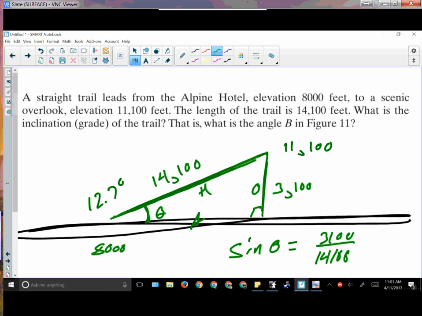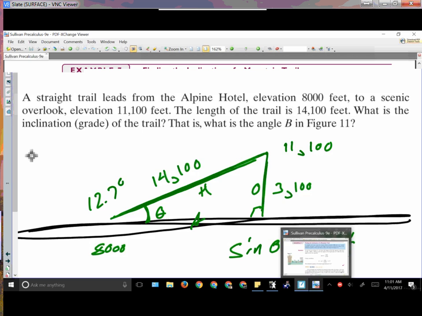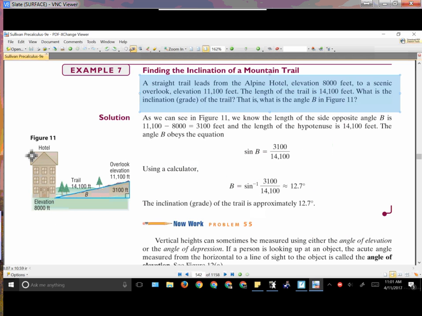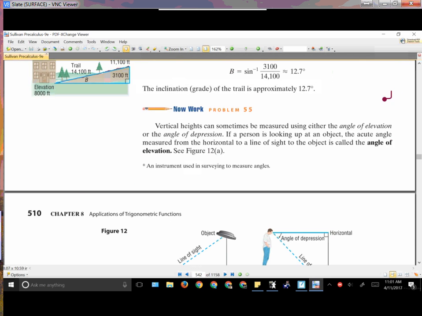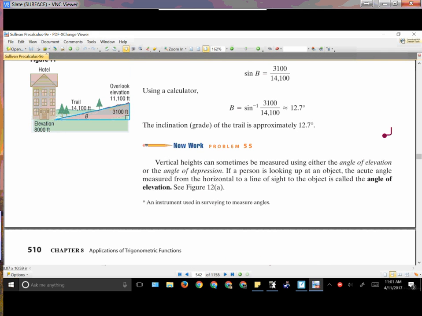Now it's talking about the inclination, the grade of the trail. The grade is exactly the same thing as the degree measure. So this has a grade of 12.7 degrees.